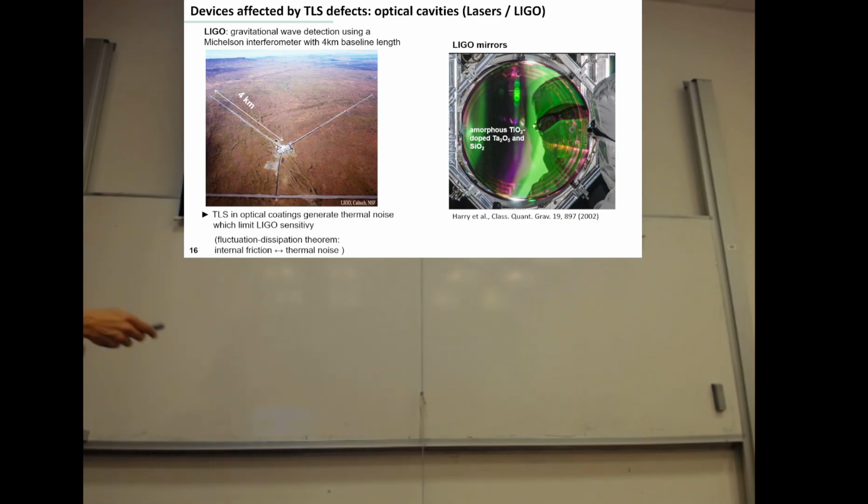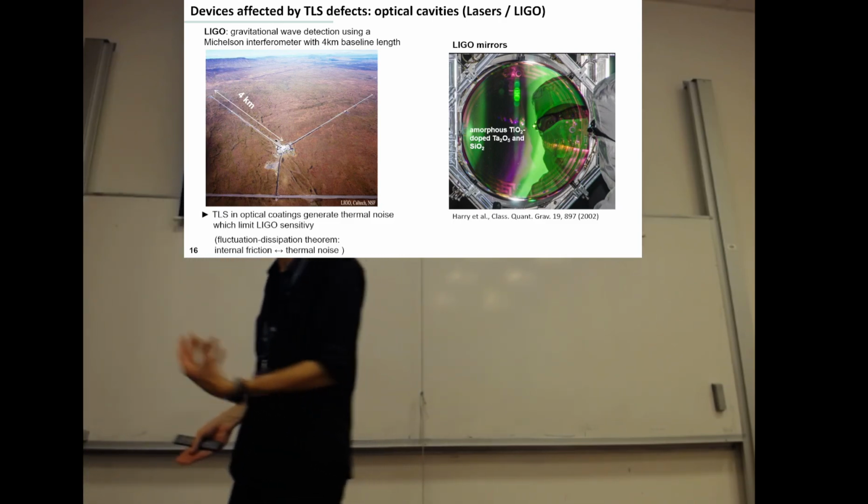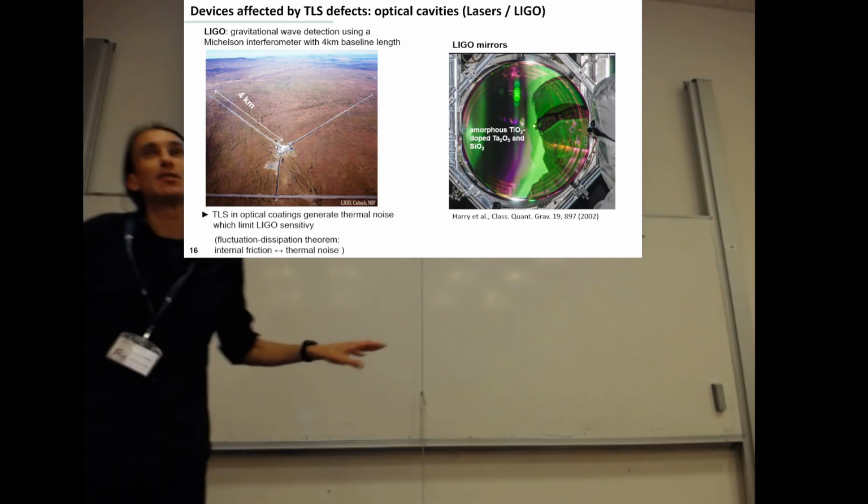And in this case, the TLS are found on the mirrors which are at the end of this interferometer. And this is actually normal that you have this amorphous material here. You typically use it as an optical coating to enhance the reflectivity. And on the other hand, this actually means that since you have this mechanical noise by these motions of the TLS inside, this will actually also generate some effective noise, which turns out, as they have here in this paper, is the utmost limitation of this LIGO.